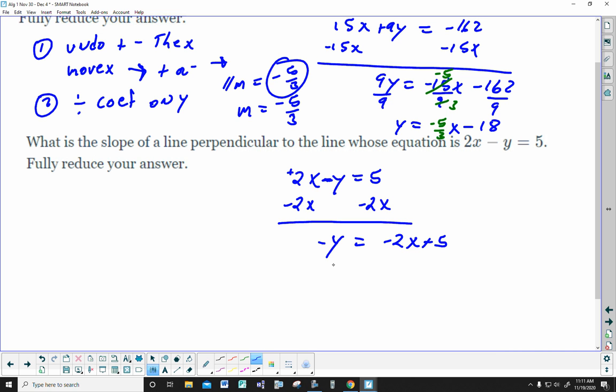If it helps you, write a 1 there. So it's negative 1 times y. And the second step is always going to be divide the coefficient on the y to everybody. So you get y is equal to 2x minus 5. The slope of this line is 2, because it's right there.